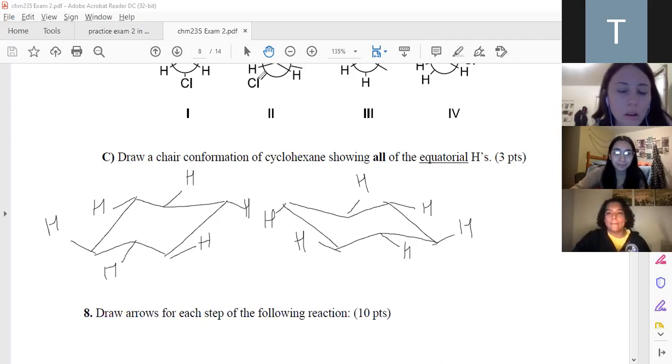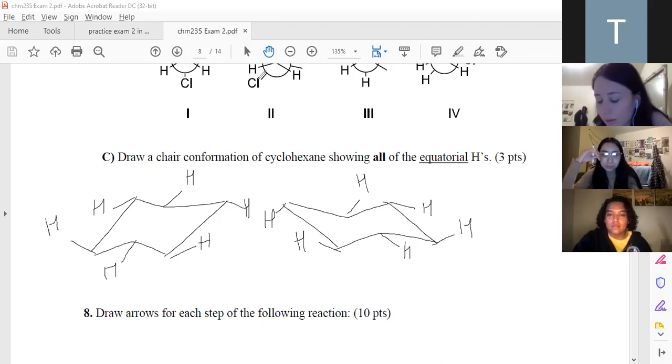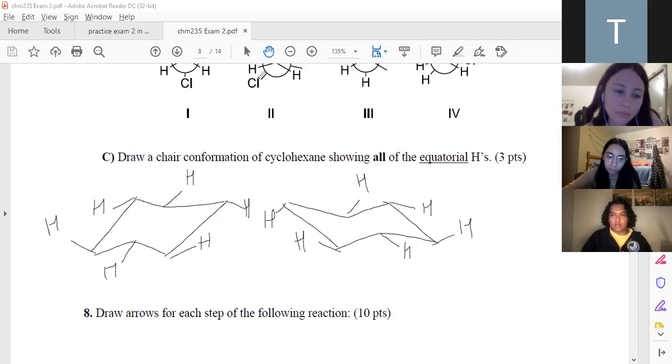I got it right. I just drew the hydrogens in the equatorial position instead of axial. Yeah, that's what they wanted. These are all equatorial. I hope these don't look axial to you, for that bad of a drawing. No, no. Okay. What about you, Melissa? How'd you do?